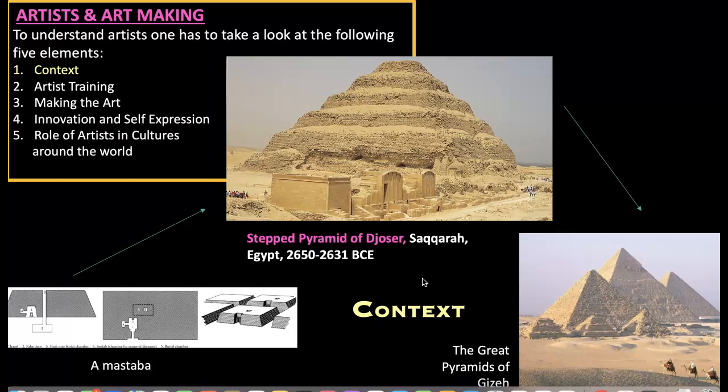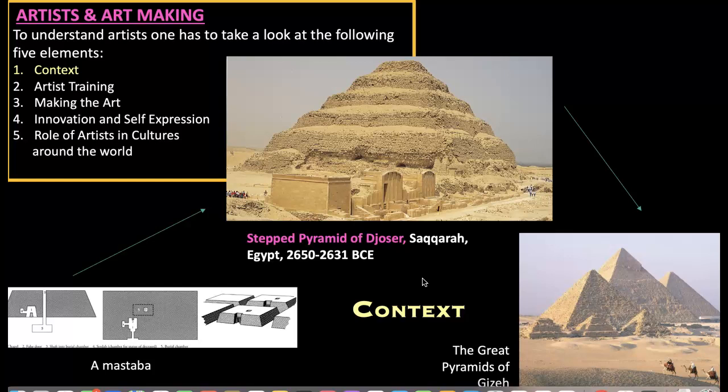So perhaps the ones you might think of top of mind are on the bottom right, the Great Pyramids of Giza. But there was context for that pyramid look. The 3 pyramids you see here were for 3 Old Kingdom era pharaohs.